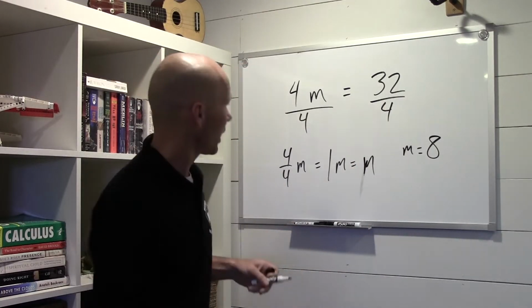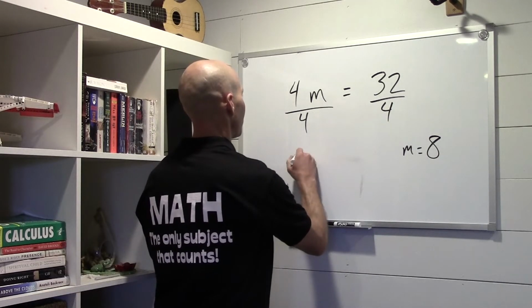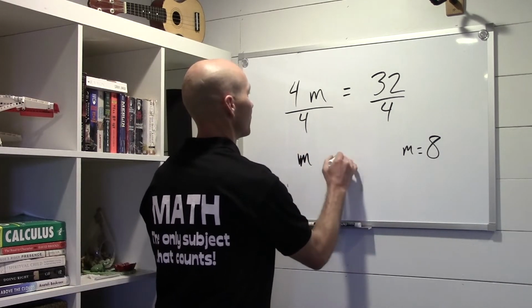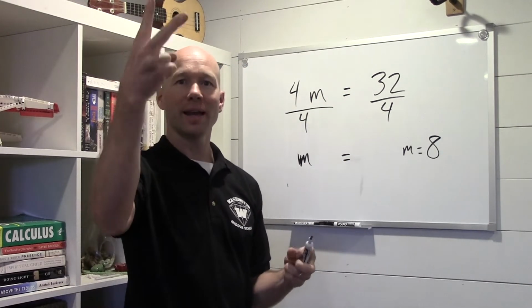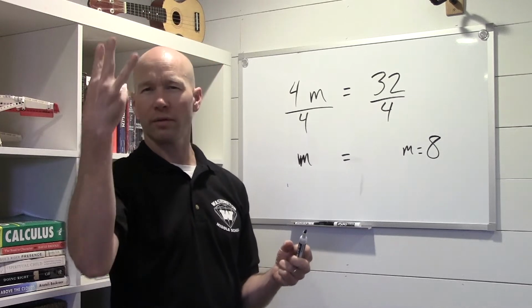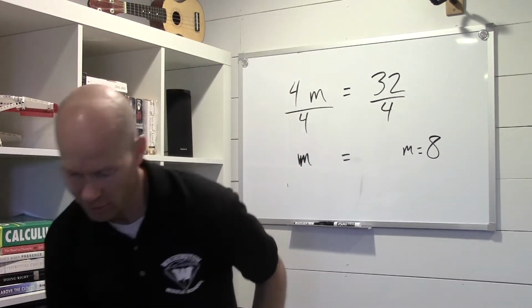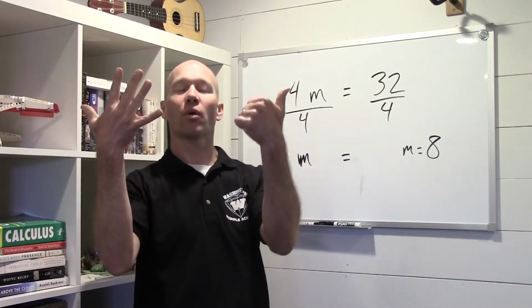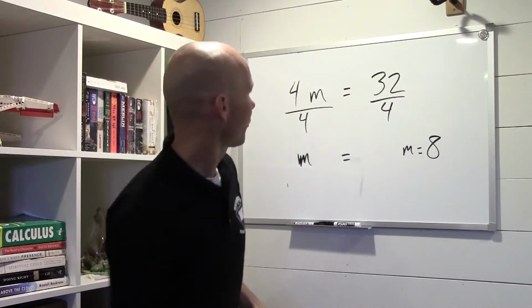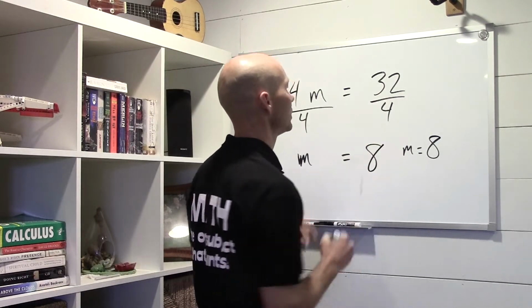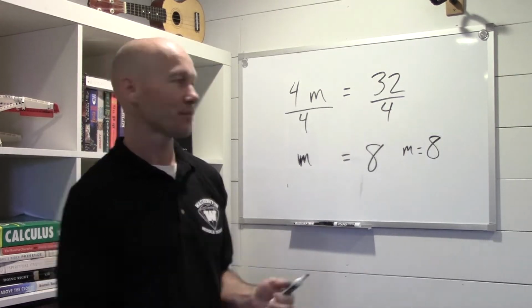So on the left side, we get m. And 32 divided by 4: 4, 8, 12, 16. Man, I need to use my other fingers. 20, 24, 28, 32. That is 8 fingers, and I get m equals 8. 32 divided by 4 is 8.